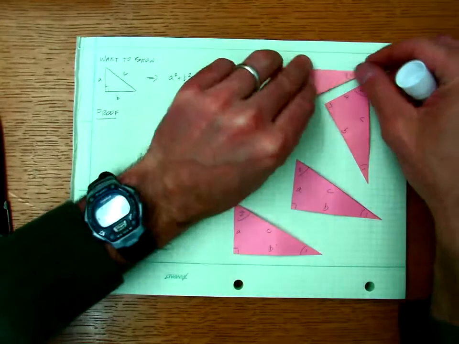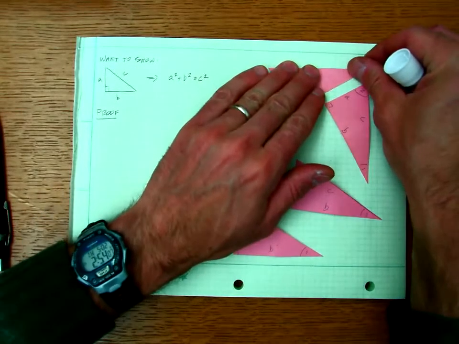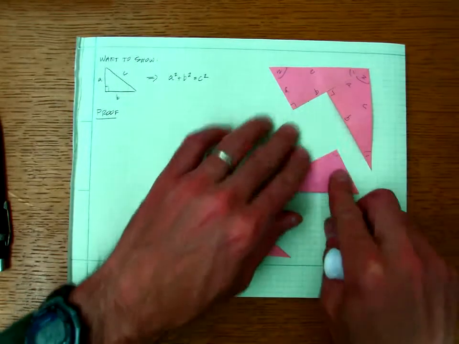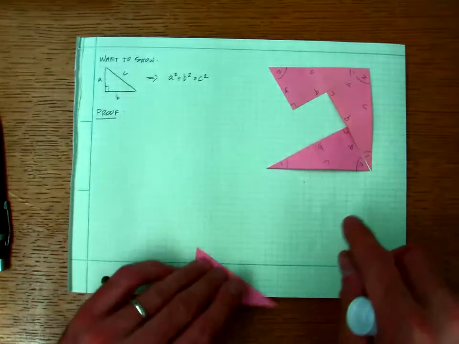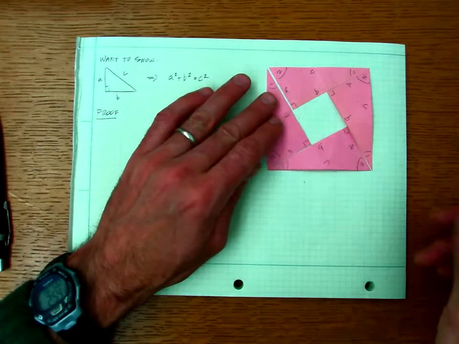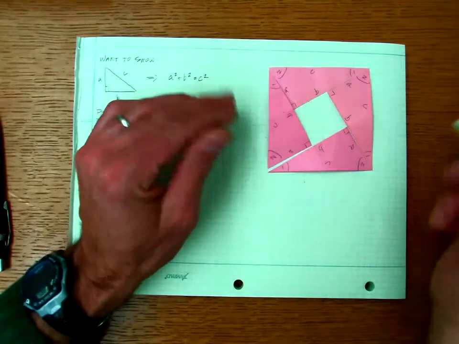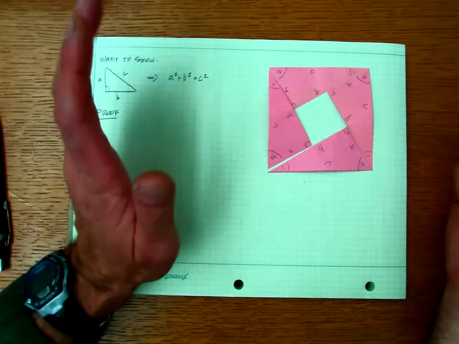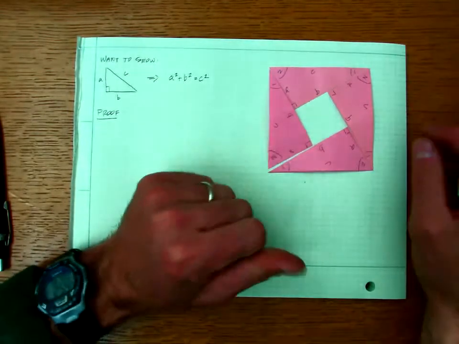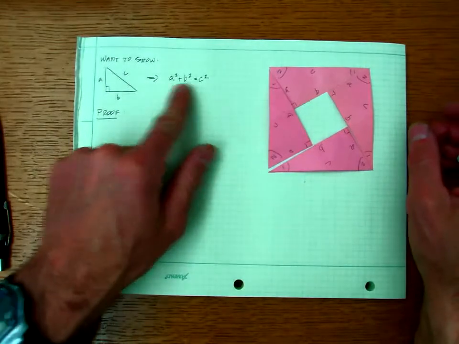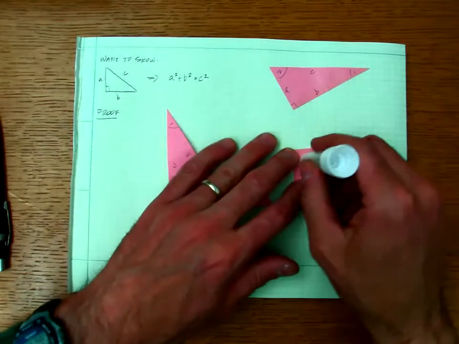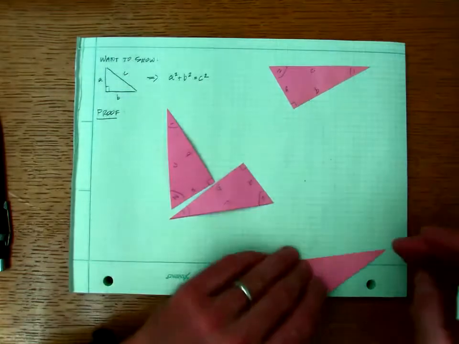And so let's put this piece here, and once I have that piece glued down, it makes sense to me that we might want to think about constructing this figure, because once I have that figure constructed, I can see it looks like a square, and the square's side length is C, so the area of that square is C squared. So maybe we could relate it somehow to the A squared plus B squared through some sort of algebraic process. So let's go ahead and try that.